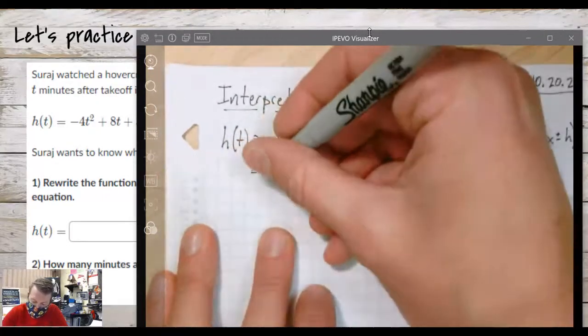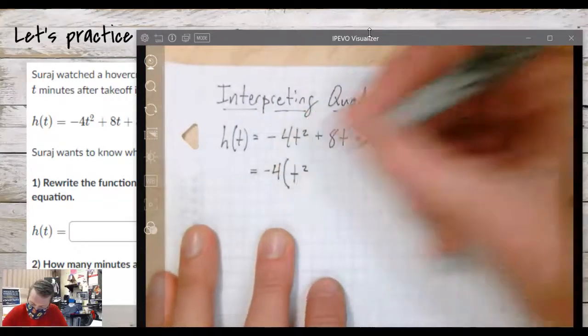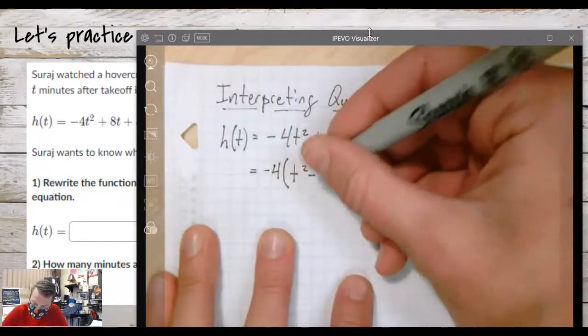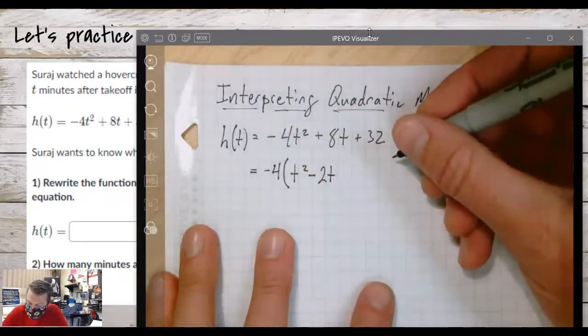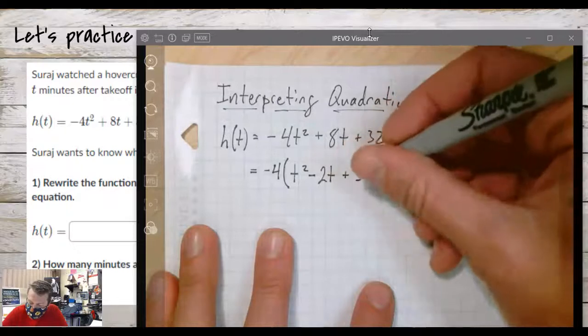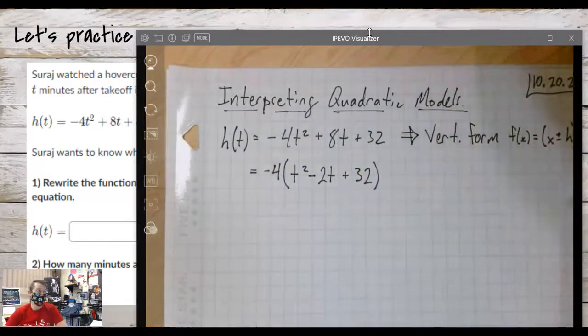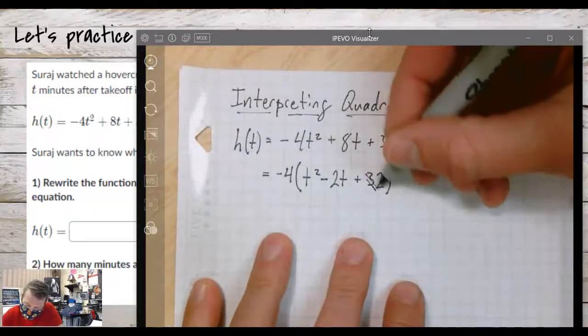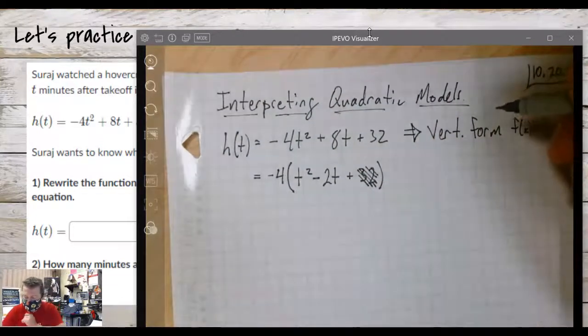So if we factor out a negative 4, t squared, this now becomes minus... And guys, I want to show you a method we haven't done in class yet, but it's another complete the square method that totally works. Oh, my bad. Sorry, I was already in my head thinking about the next thing that we're going to do.